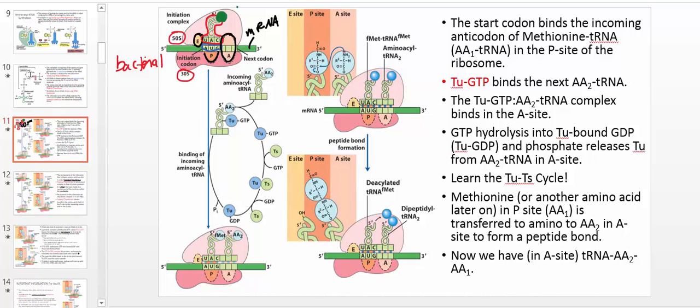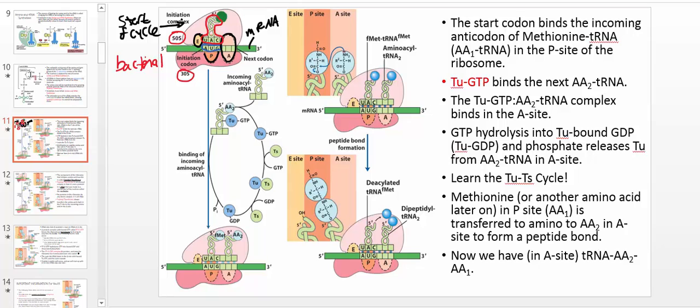At the start of each cycle, when I have that condition satisfied, any other aminoacyl tRNA has to enter into the A site. So assuming I start off with this condition, this is the start of the cycle of the ribosome, in both eukaryotes and prokaryotes. The incoming aminoacyl tRNA always has to enter into the A site.